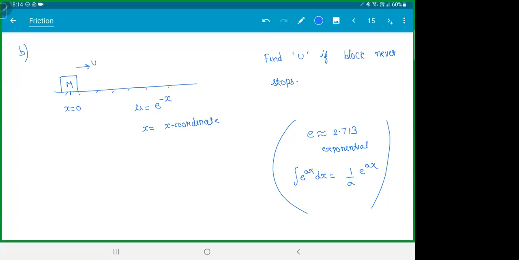Anyone confused with the diagram, please ask me. Let me help you.